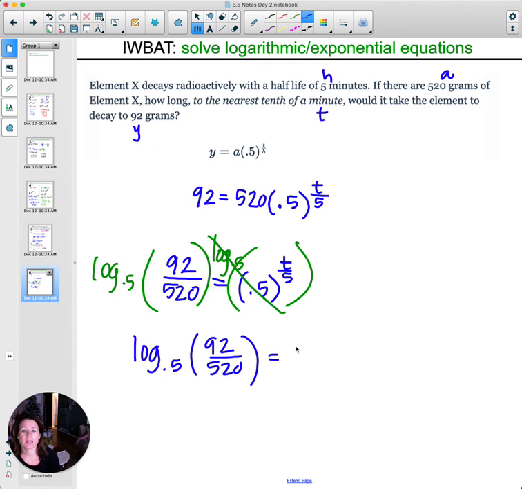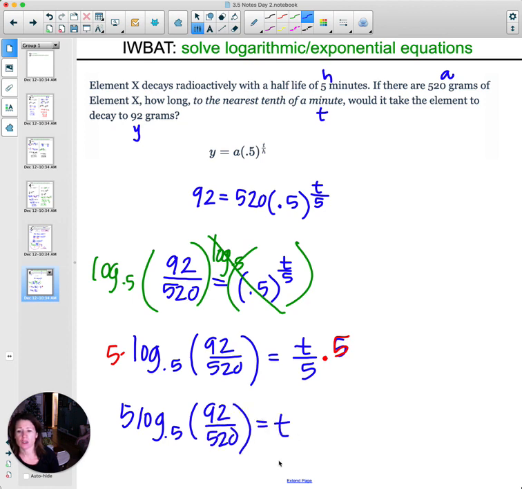So on the right side, we're just going to have t over 5. Then we'll multiply both sides by 5 to get that bottom 5 gone. And so then we end up with 5 times log base 0.5 of 92 over 520 equals t.